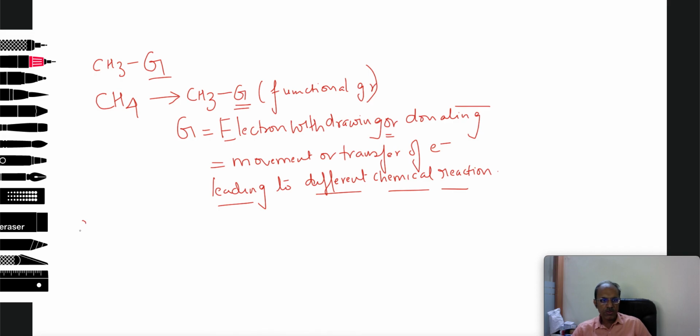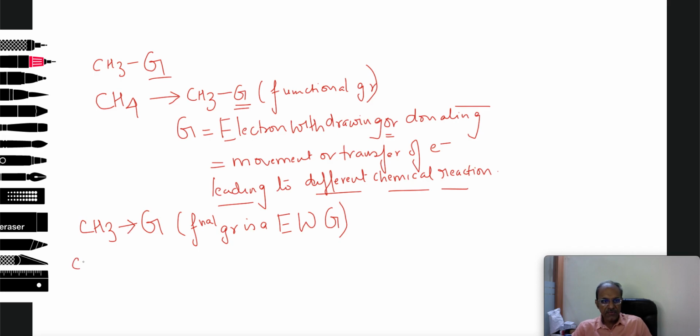Now, suppose this is CH3G, and assume that this G, which is a functional group, is an electron withdrawing group. I'm writing it in short form, W, withdrawing group. In CH3G, if it is an electron withdrawing group, the electrons will flow along the bond towards it.